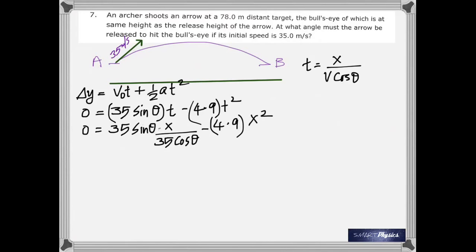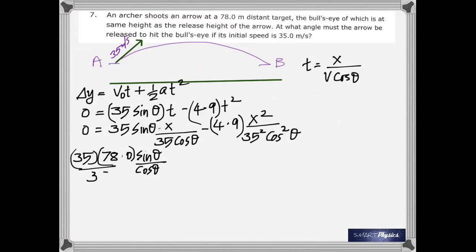Again, on the other side is t squared, so square everything. Rearrange this, and that's the value of x that I've substituted. X is 78. You see the x here. So I've multiplied 35 with 78 and then put the sine theta there, divided by the cos theta and the 35.